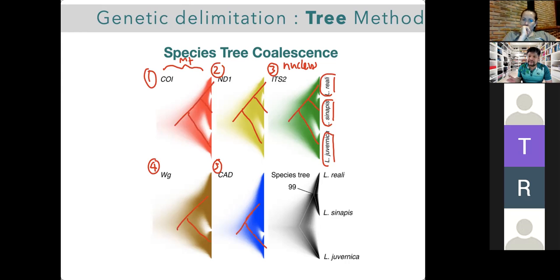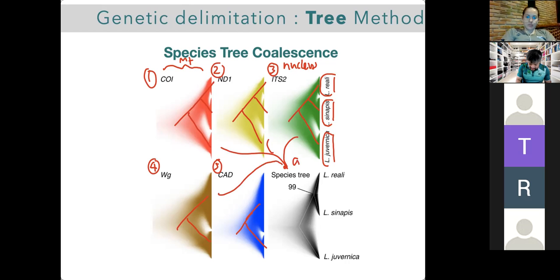So not all genes have the same history, and you average them out. In the really small, lazy way of saying this, and I use this word with a lot of caution, you are averaging out the relationship, where they should be, and you get what they call the species tree.